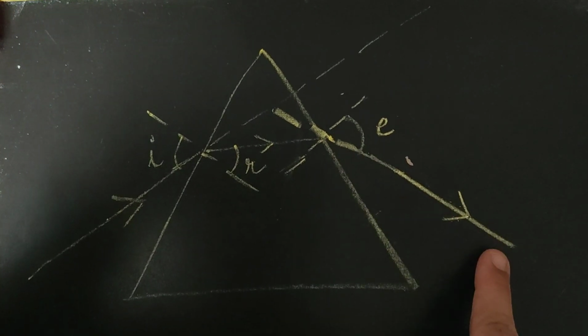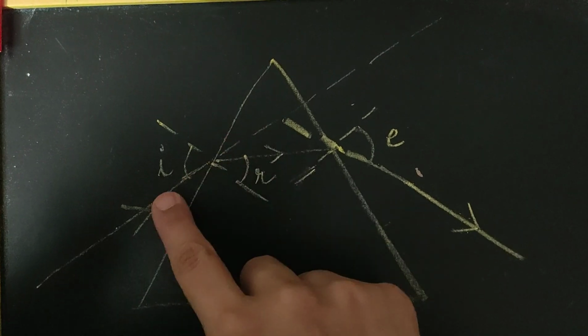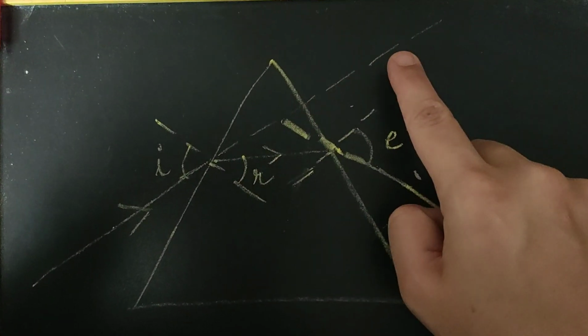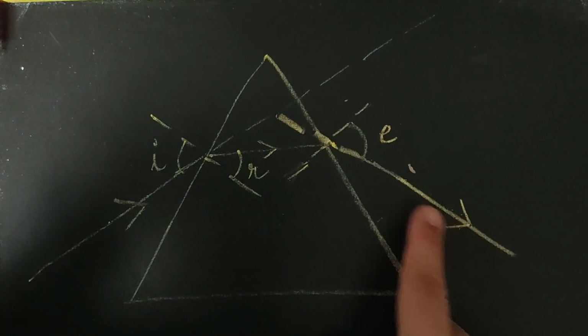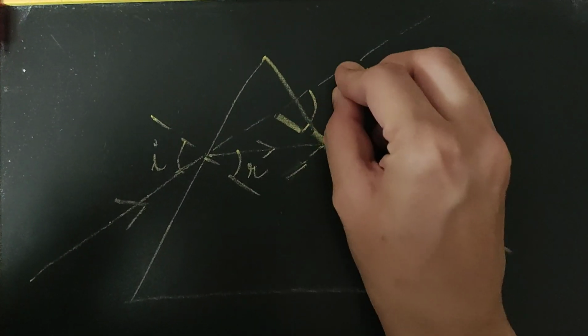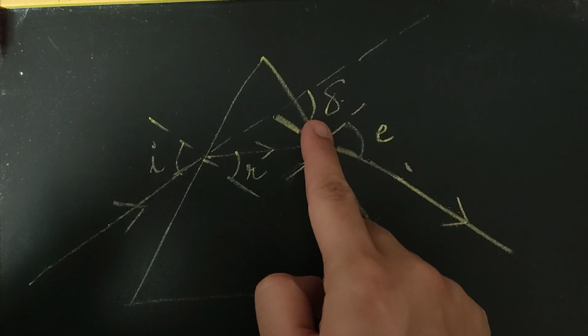Light has bent. So the angle between the incident ray produced forward and the emergent ray produced backwards is known as the angle of deviation. ये symbol है. This is the symbol for angle of deviation.